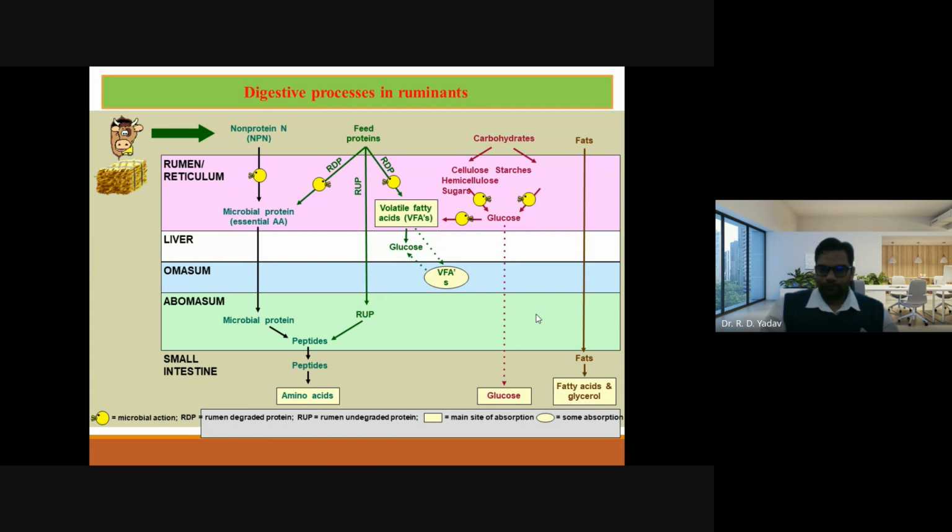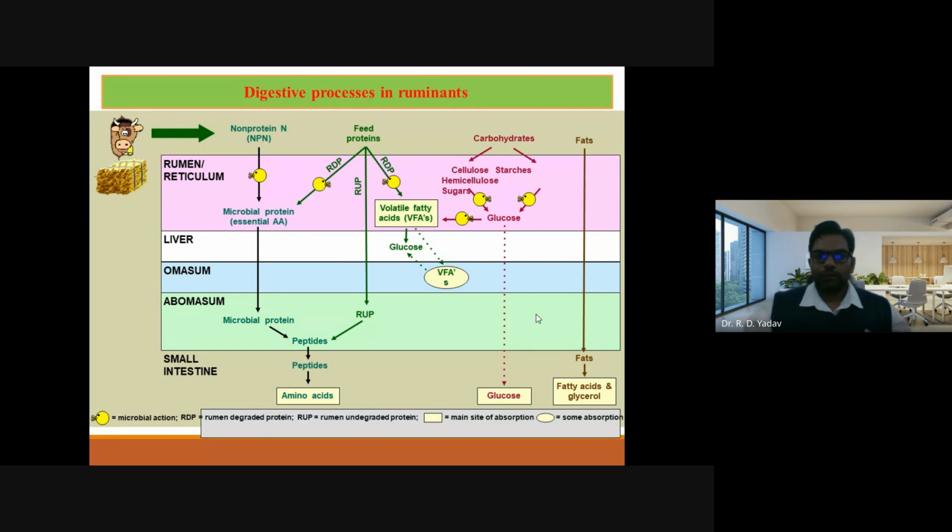The rumen undegradable protein goes to the abomasum, where it gets digested and converted into amino acids. The digested protein, along with the microbial protein, combine to form the amino acids, which are utilized by the animal for growth, maintenance, and production.